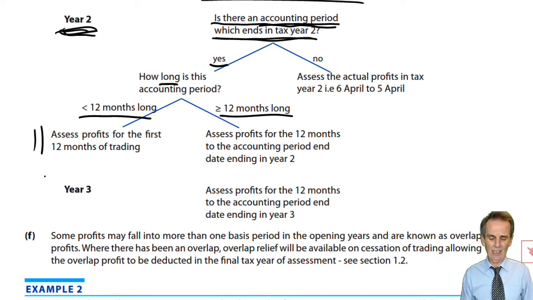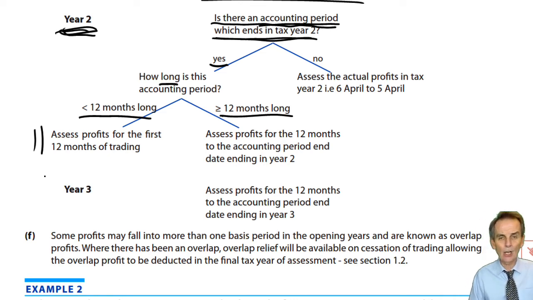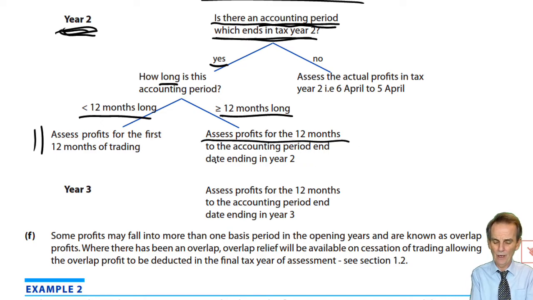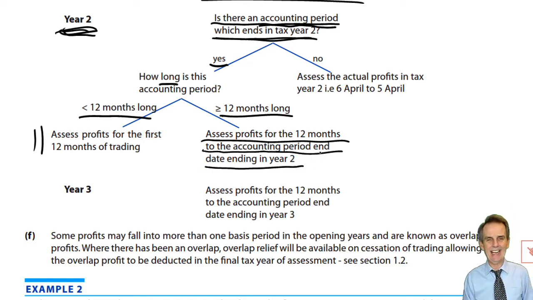So here in the second tax year, if we have a short period ended, take the profits of the first 12 months. If it is a long opening period, then which 12 months we assess the profits for the 12 months to that accounting period end date ending in that year.